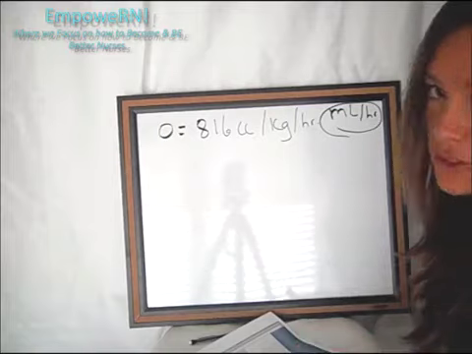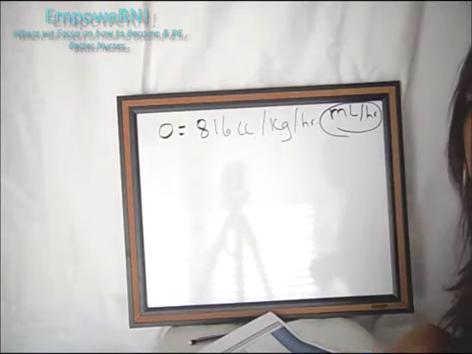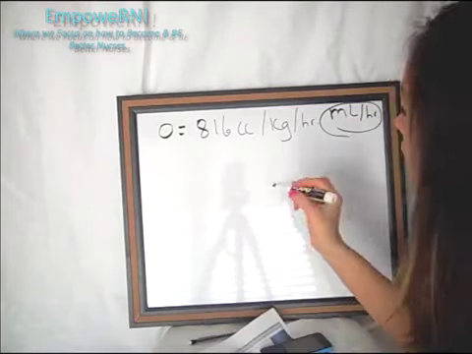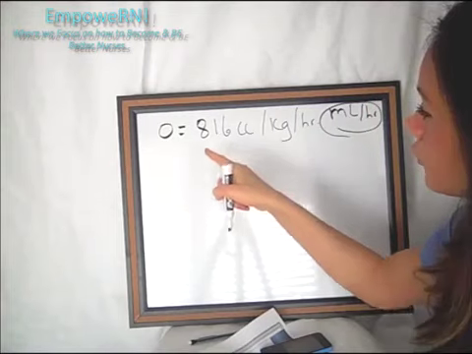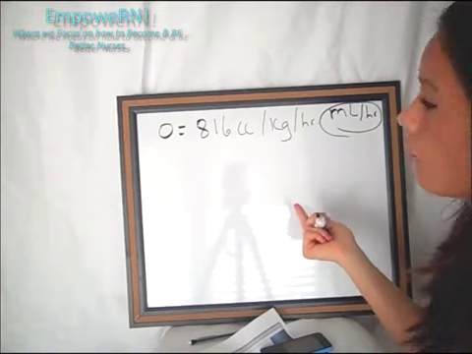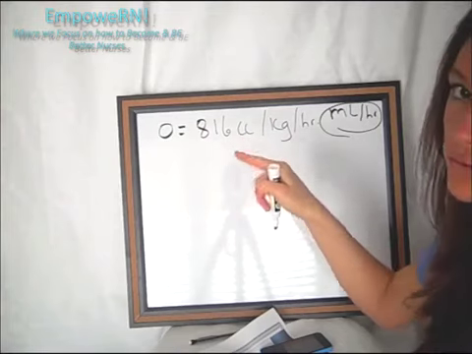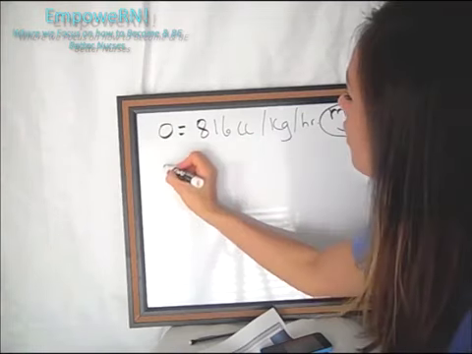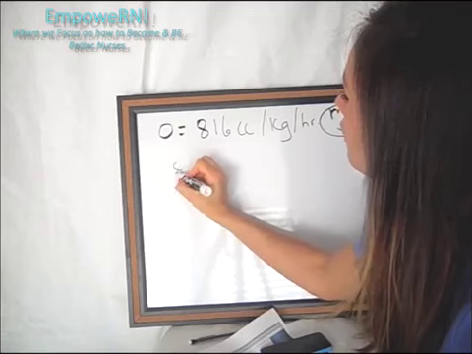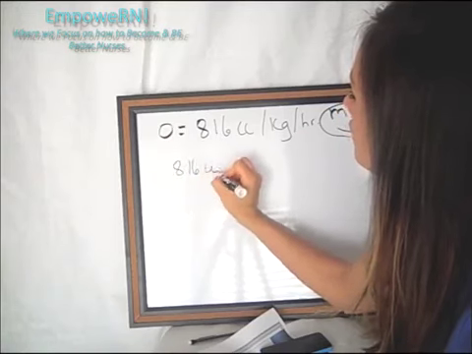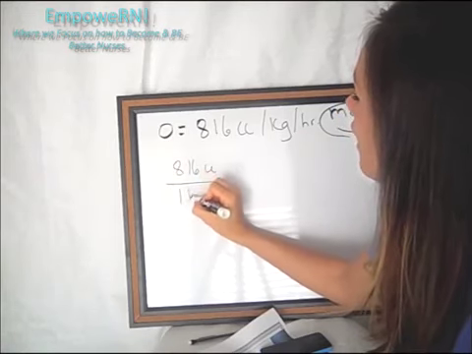So using dimensional analysis, we're going to figure out how many milliliters per hour. Now you always start with your given quantity. Our given quantity here is 816 units over 1 hour.